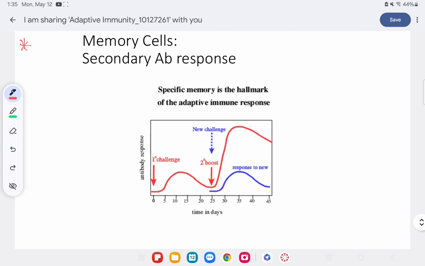So the first time you get challenged with a pathogen, it takes almost 2 weeks to get maximum antibody response. 2 weeks to an organism that can divide every 20 minutes, that's forever. Thankfully, that's not all I have going for me.